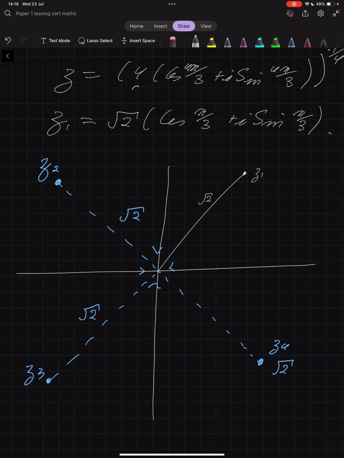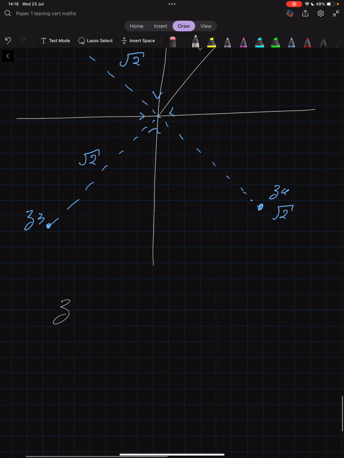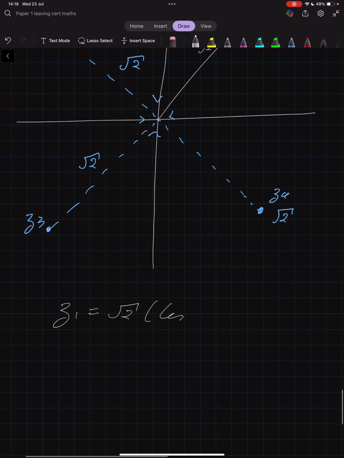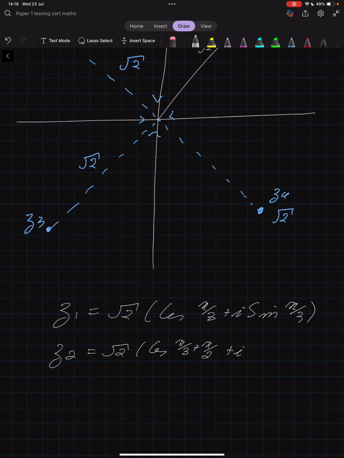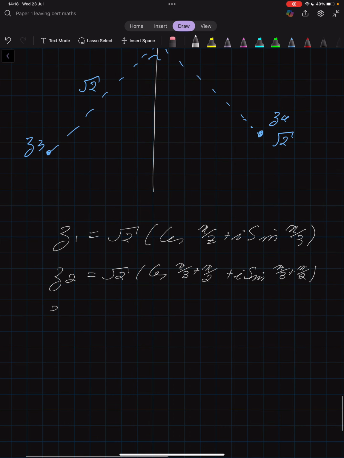So Z1 is this. So Z1 is just root 2 at pi over 3. Z2 is just going to be root 2 cos pi over 3 plus pi over 2. So you just add 90. Z3 and Z4 are the exact same.